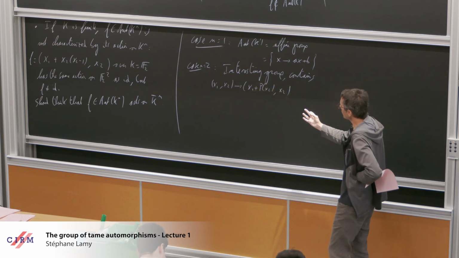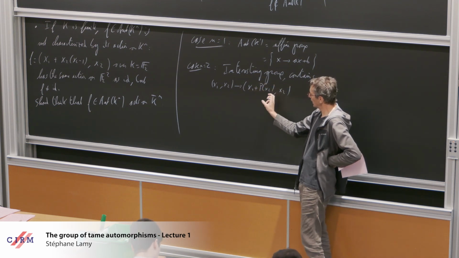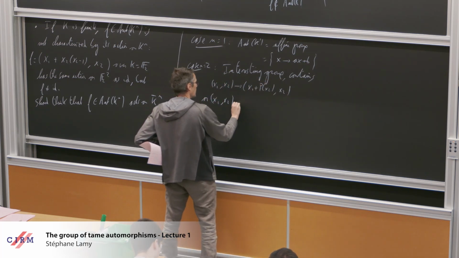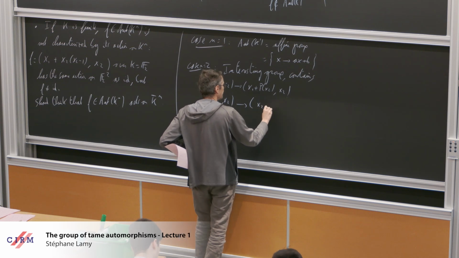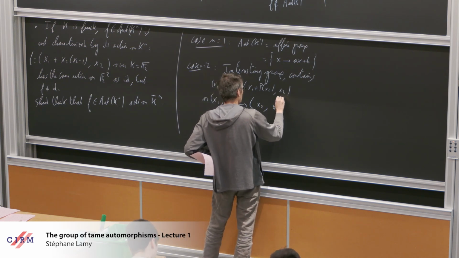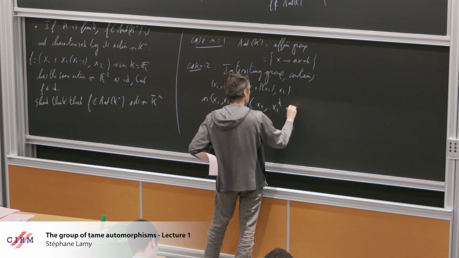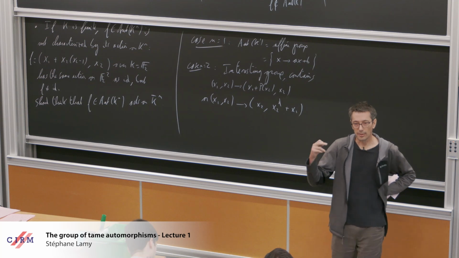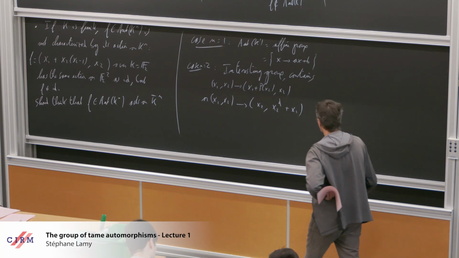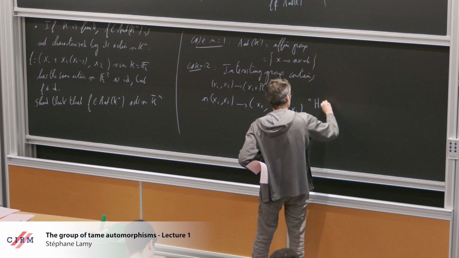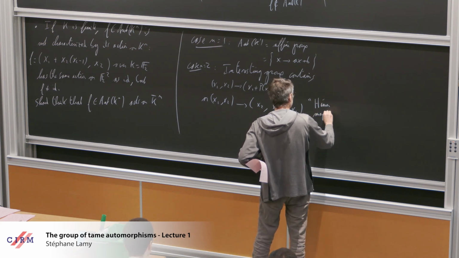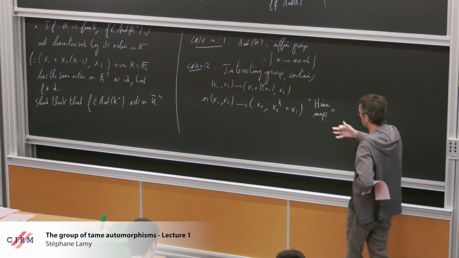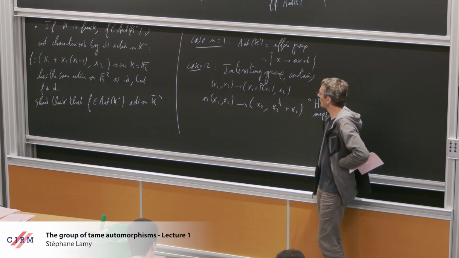And if you compose this one by the exchange of the two coordinates, you get some map of the form (x2, ...). So maybe I just take the polynomial x2^d + x1. So these maps are the Henon automorphisms that came up the day before. Henon maps, I guess we call that, over C or over R. Okay, so you have interesting maps to do dynamics, if you want.